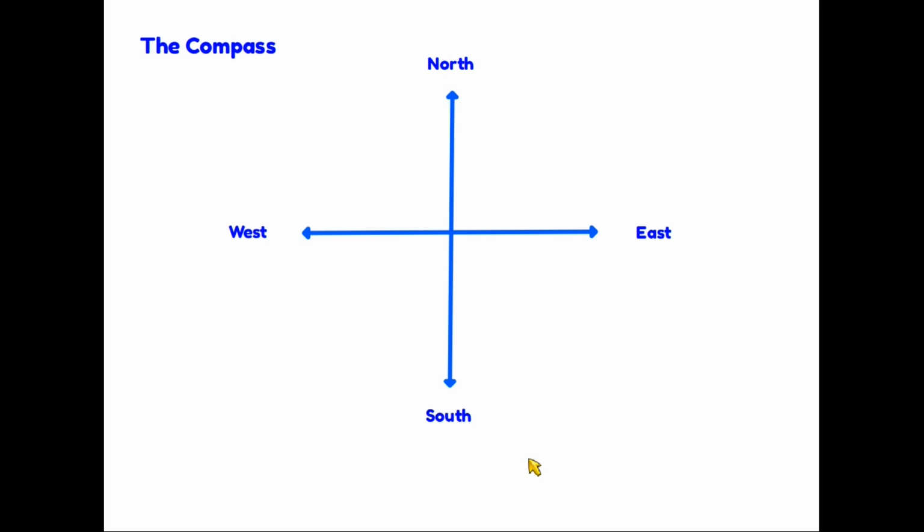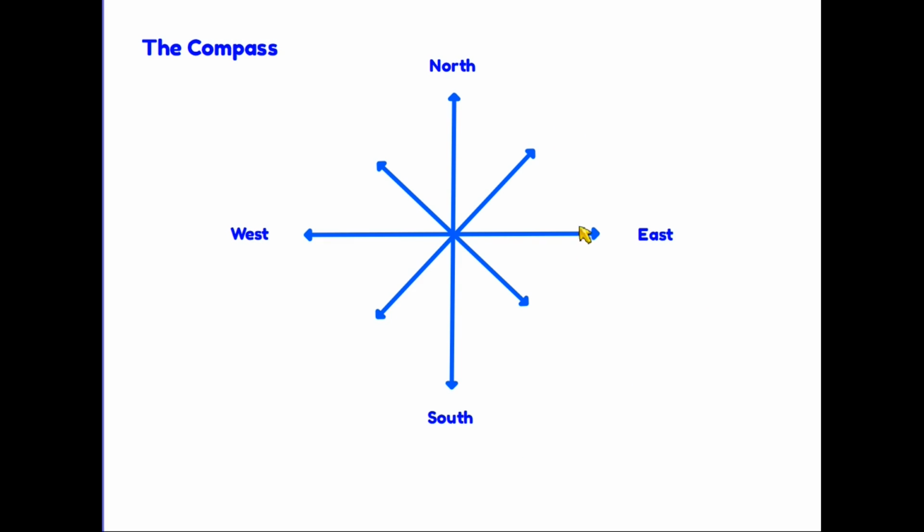And in fact, there are 4 more directions that we can give names to on a compass. Now the compass has 8 points rather than the original 4. The names for these second 4 are made up from the names of the first. So if we have a line which is exactly halfway in between north and east, we call it northeast.